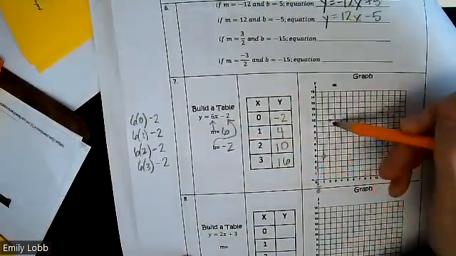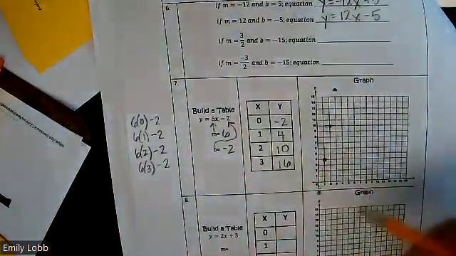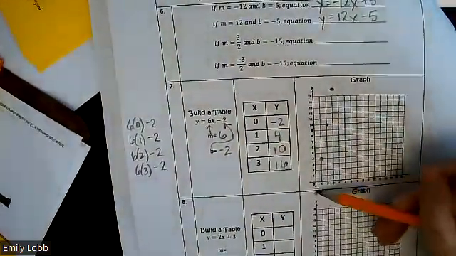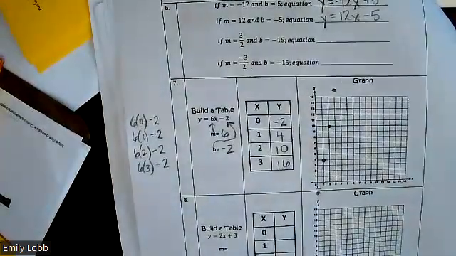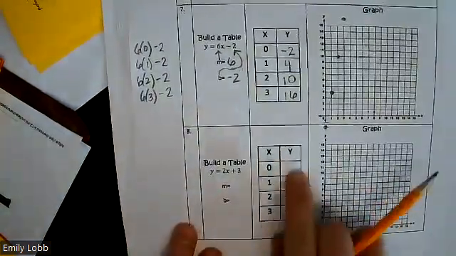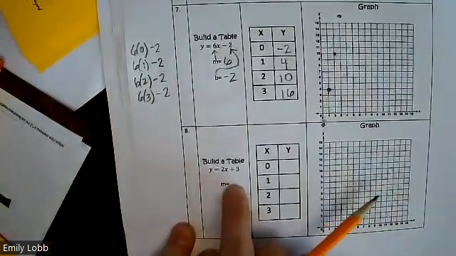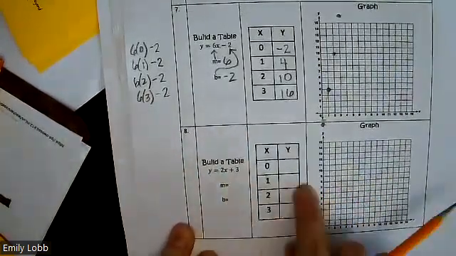It's going up 6 over 1, up 6 over 1, and it's starting at the point 0, -2 down here. So again, you're going to put these values in to fill in the table. From this equation, you can figure out m and b, and then you're going to plot those points.